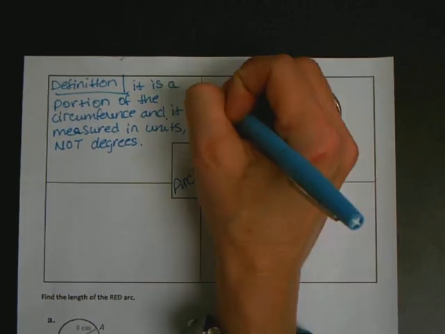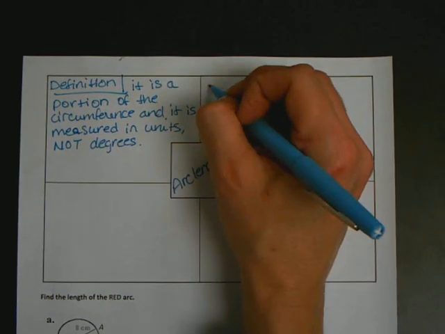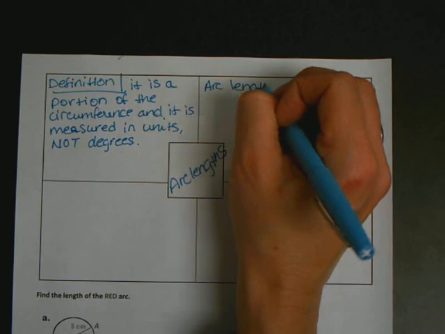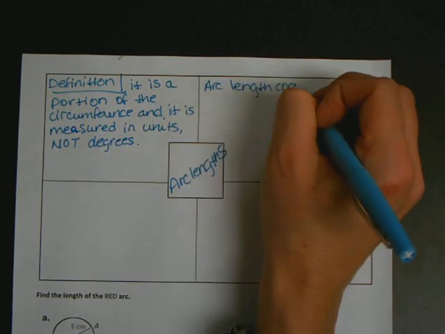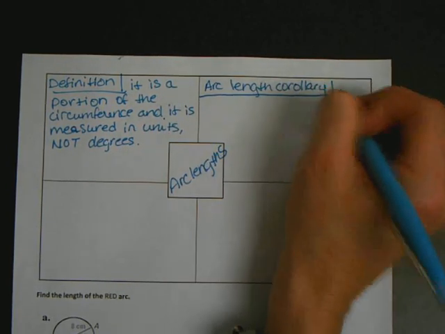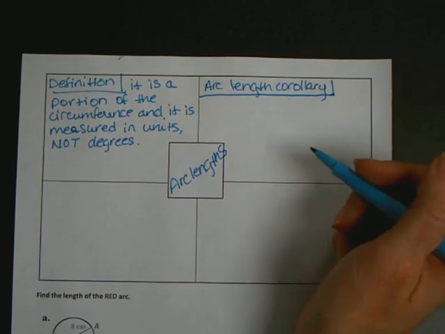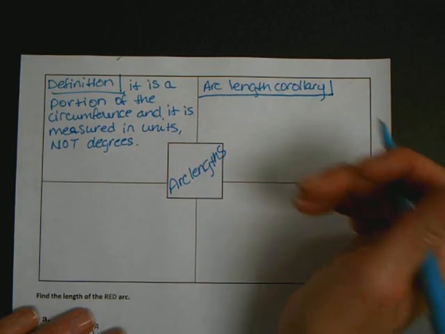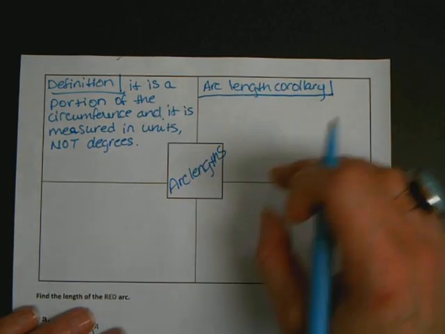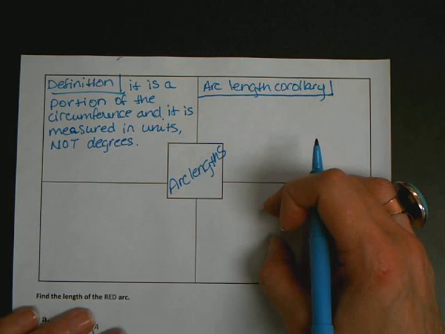Okay, that leads us to an arc length corollary, which is very wordy. If you remember, a corollary is just like an addendum, something extra added to a theorem that we've already dealt with. This is going to be very wordy, but after I state it, we're going to explain it in terms of a formula.